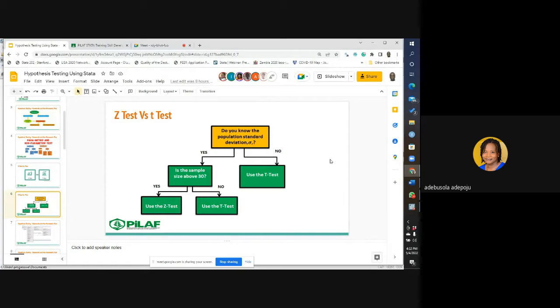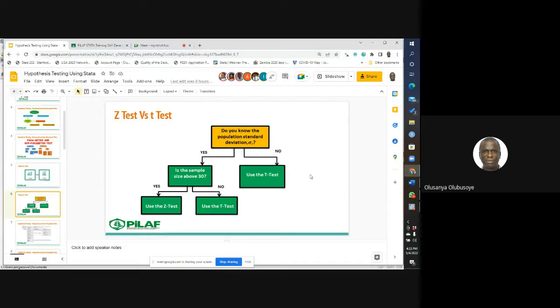Is the sample size above 30 under the left hand here? If the population standard deviation is not known and the sample size is large, above 30, yes sir, so you use the t-test.